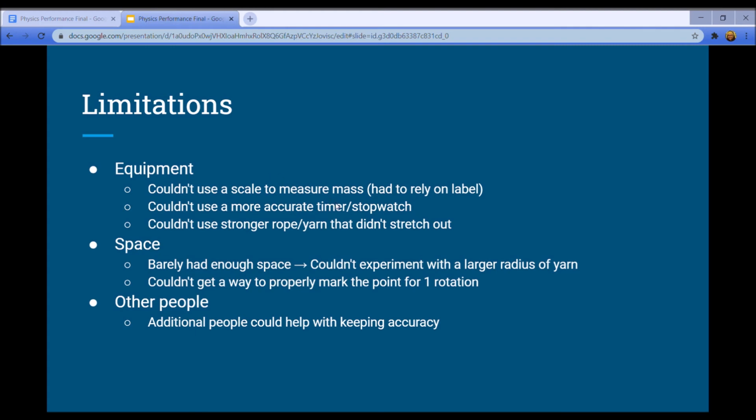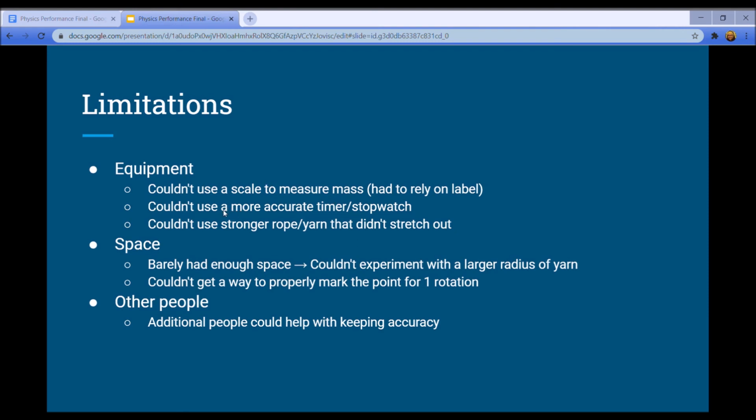As a result, I wasn't able to do some of the more fun ones that I wanted to do, like measuring the centripetal force of a plush toy or my perfume bottle. I couldn't measure the mass, since my scale did not work. The objects were too light.